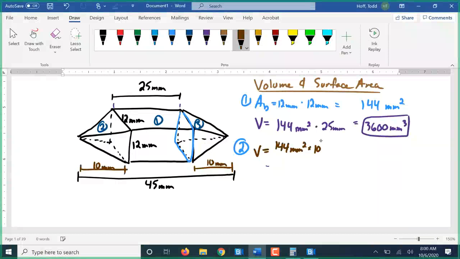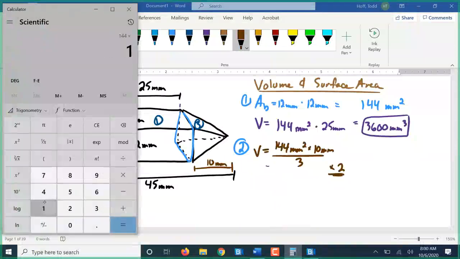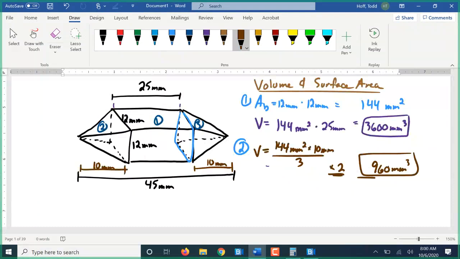So the height is times 10, and it is divided by 3 because it's a pyramid. But of course, then it'll be times 2 here, because there's 2 of them, 1 on each end. So 144 times 10 divided by 3, and then times 2 is 960 millimeters cubed. That's for both pyramids.